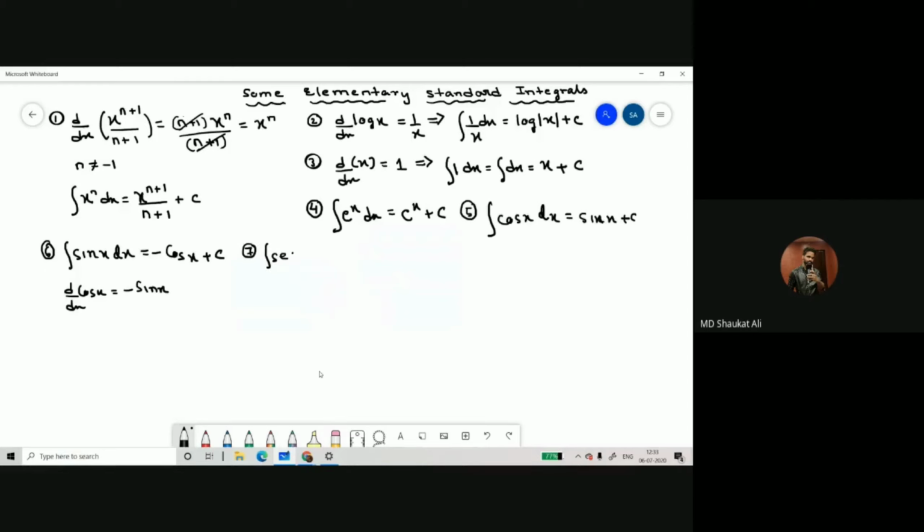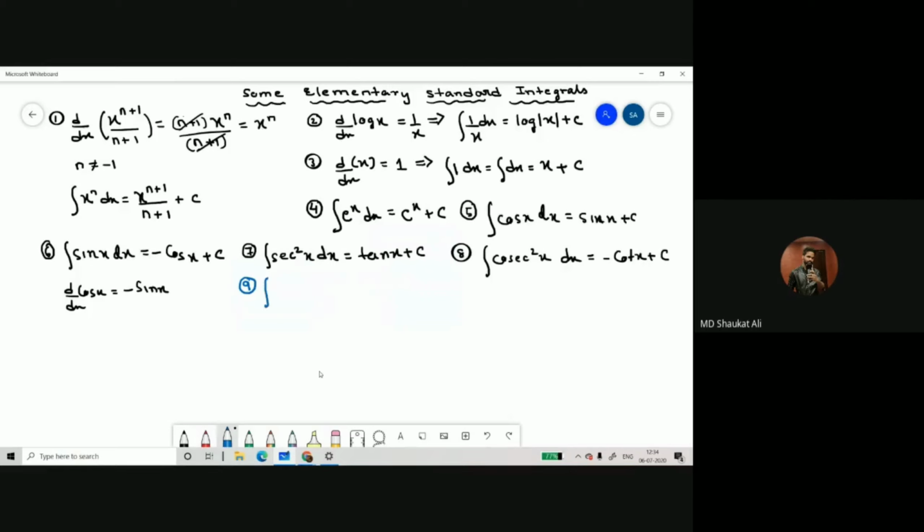Integration of sec square x dx will be nothing but tan x plus c, because d/dx of tan x is sec square x. Number 8. Integration of similarly cosec square x dx. This will be what? Minus cot x plus c. Am I clear?